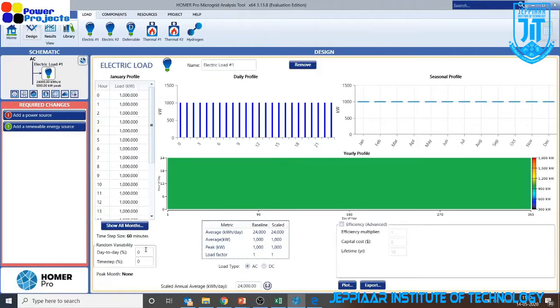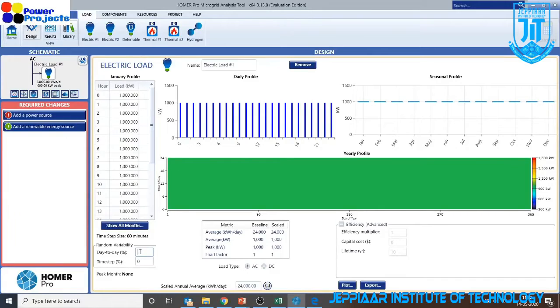Then what are these day-to-day variations and time step variations? Even if we say the demand is going to be constant, there could be changes from day to day, or time to time, or probably from season to season.